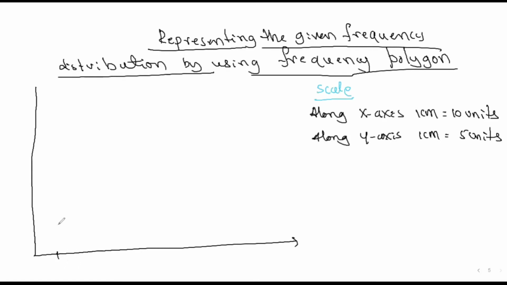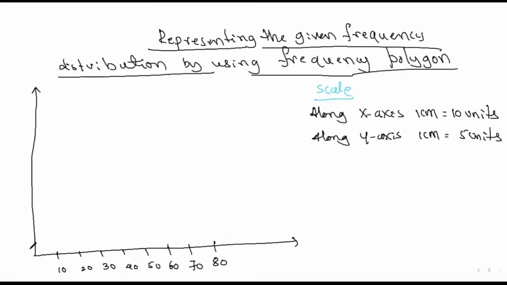So here, suppose this is the 1 centimeter, that is 10, 20, 30, 40, 50, 60, 70, 80, right? So along x-axis we consider variables.